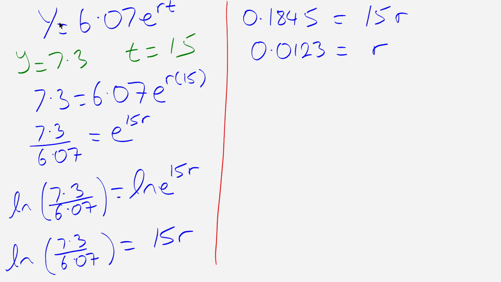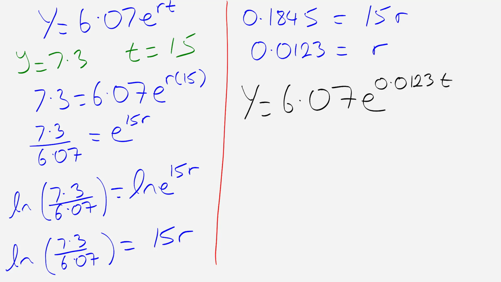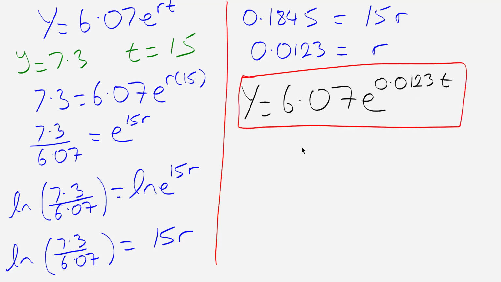So once we know our growth rate, we can complete the function, we can complete the model. The model that best describes this situation is y equals 6.07 e to the power of 0.0123t.